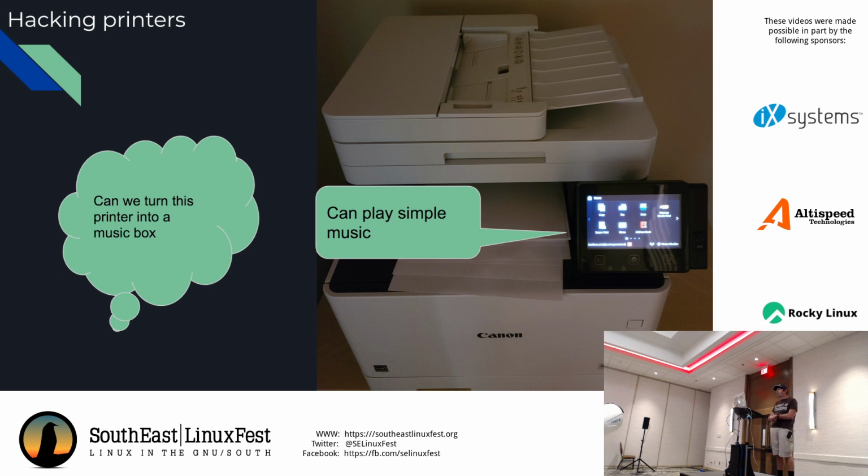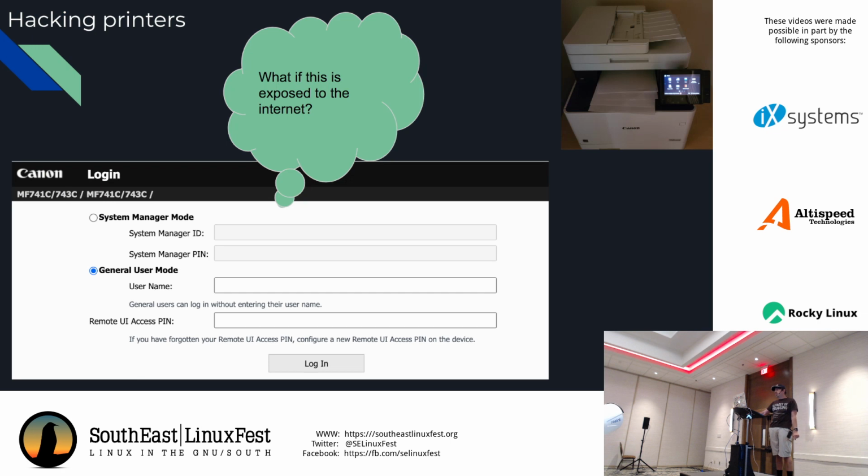But the usual approach is to find something inside the printer itself, like a buffer overflow or something similar. What is interesting is that most of these devices have a web interface.